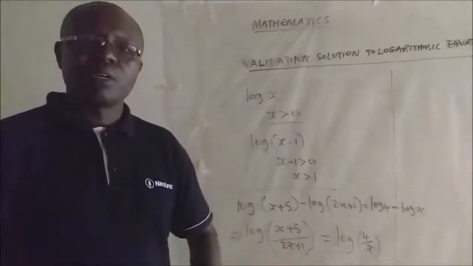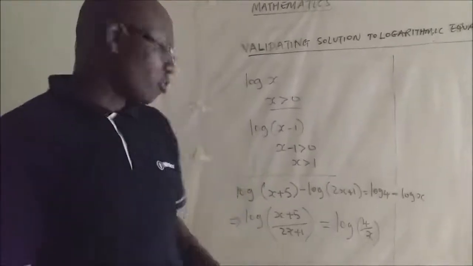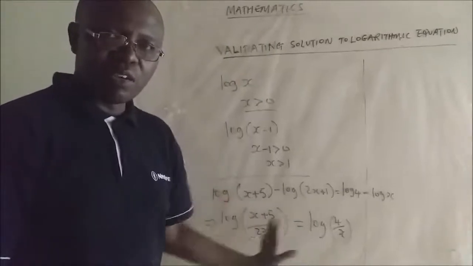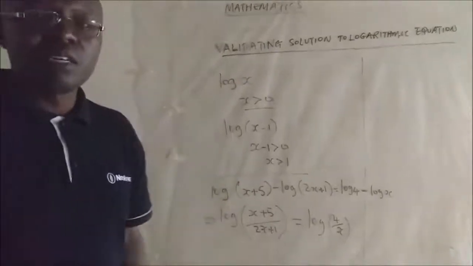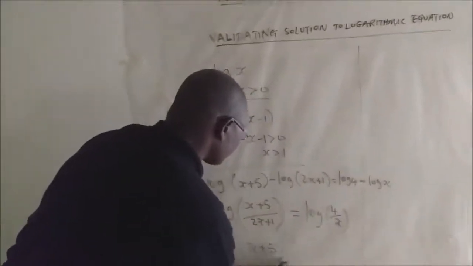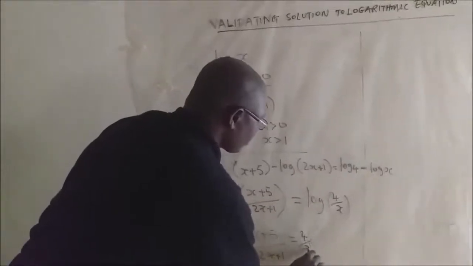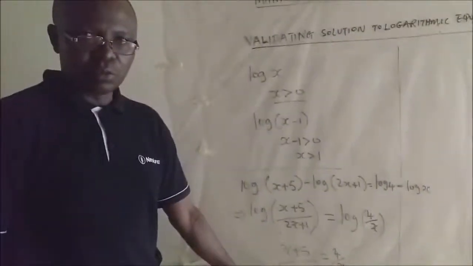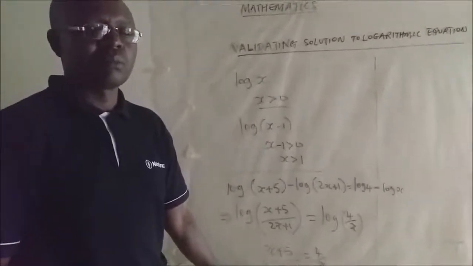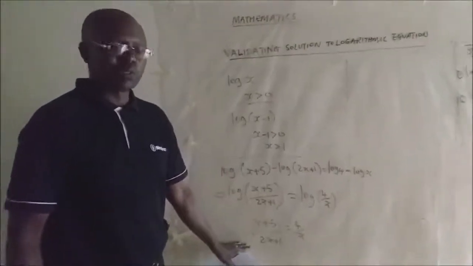The next step is a logical conclusion where we simply drop the log notations from the left side and from the right side so that we have this equation. We simplify this equation before we solve it. And so we proceed in our next step as follows.